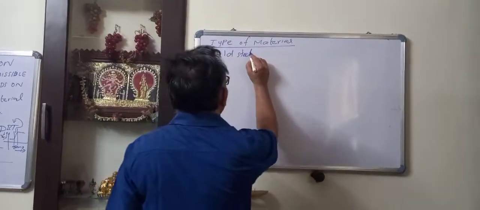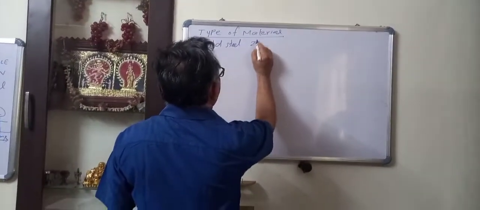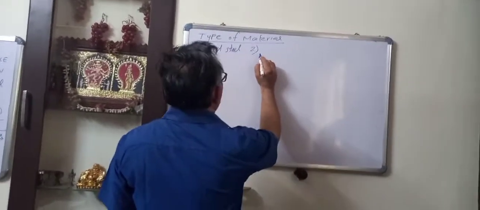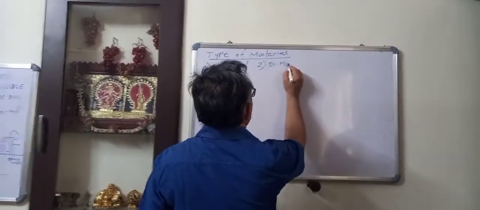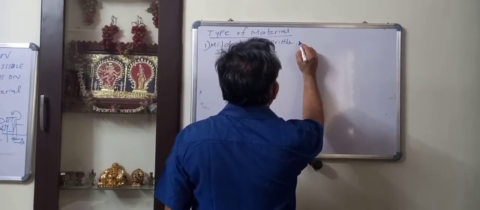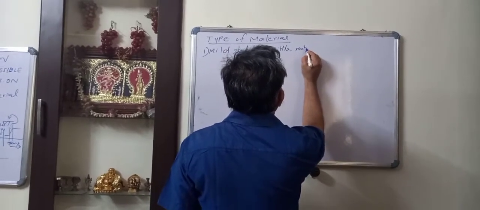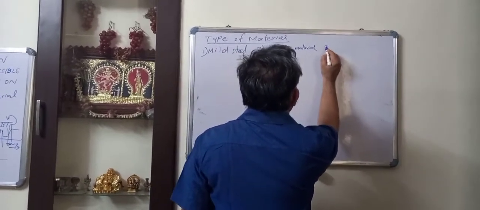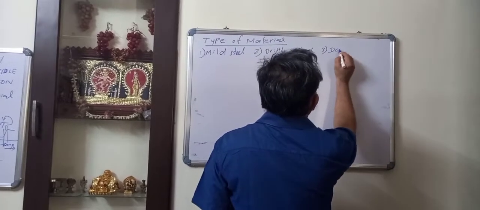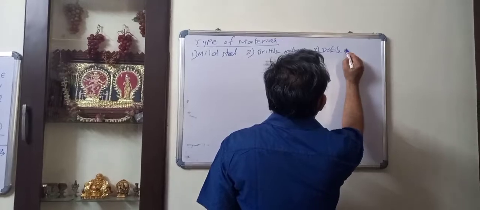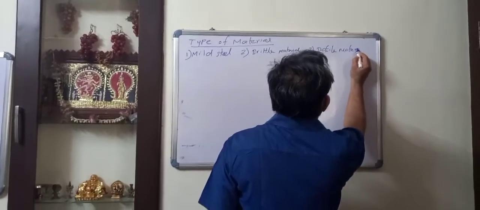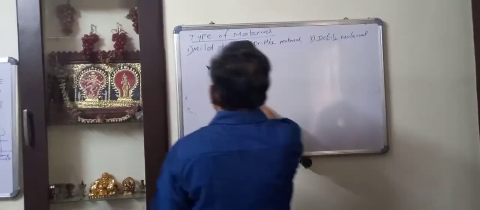For mild steel, it has certain design criteria, and the second one is brittle material, and the third one is ductile material.